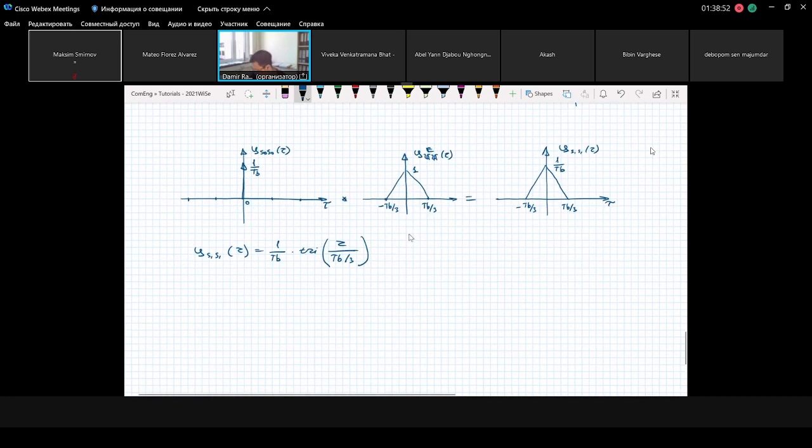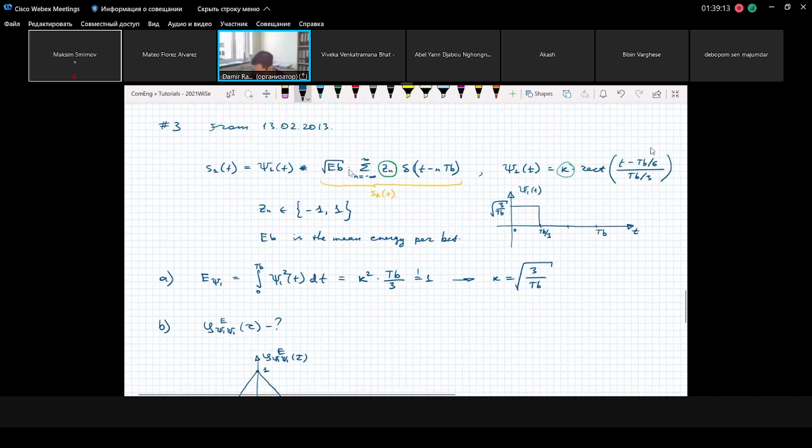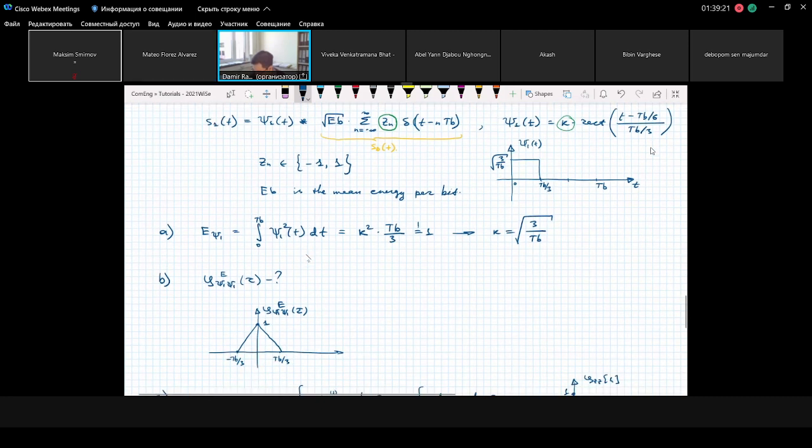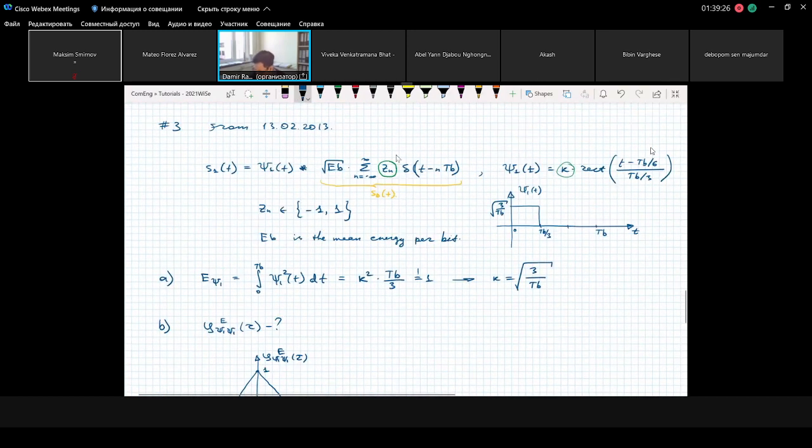Professor, just one question. In the autocorrelation of the S0, do we need to add the square root of the energy of the bit? Oh, it's a very good point. Yes, thank you, because I forgot that we also have this scalar in front of it. You're absolutely right. But it won't be square root, it will be EB, because when you calculate autocorrelation, you calculate a product.